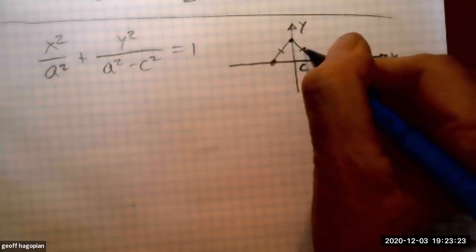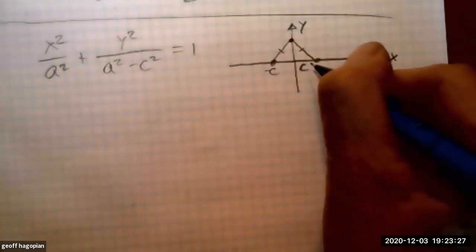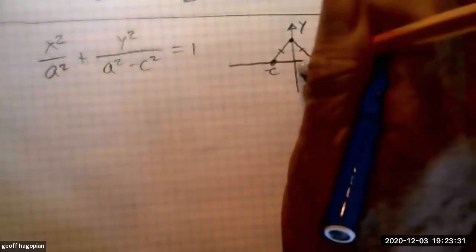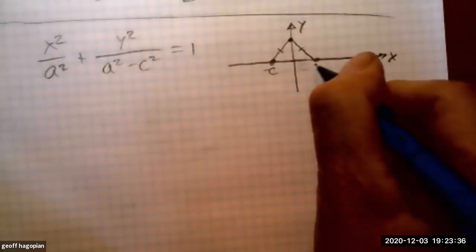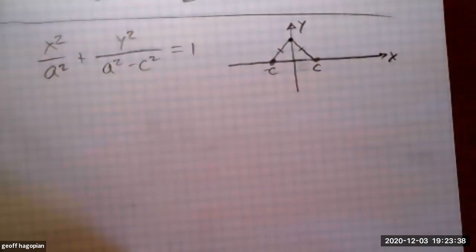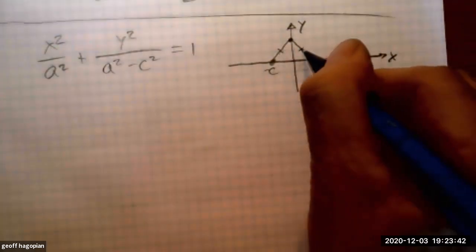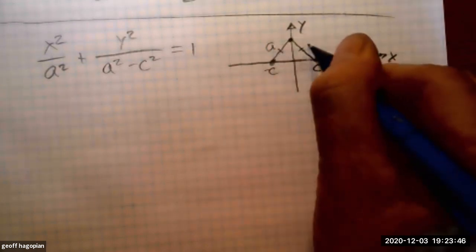Since this is on the y-axis, and the points on the y-axis are equidistant from the foci. Maybe I should label the point c. The edge has length c because it's from 0 to c on the x-axis, right? So let's label it that way. So this plus this is 2a, and these are the same, so each one of these must be a.